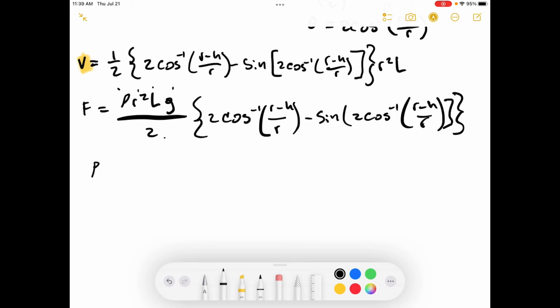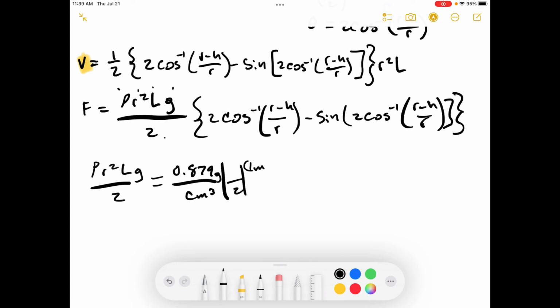We're going to change all this front matter into newtons. So we've got 0.879 grams per centimeter cubed, divided by 2, times 1 meter squared, times 4 meters, times 9.81 meters per second squared.